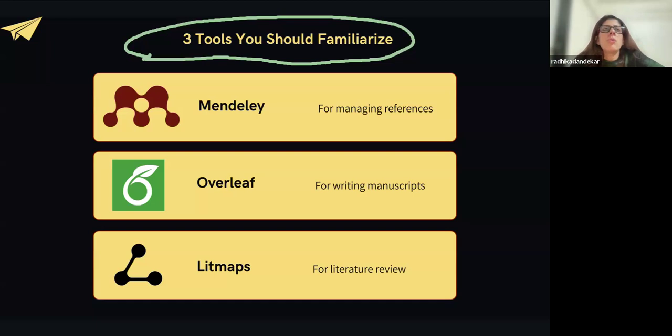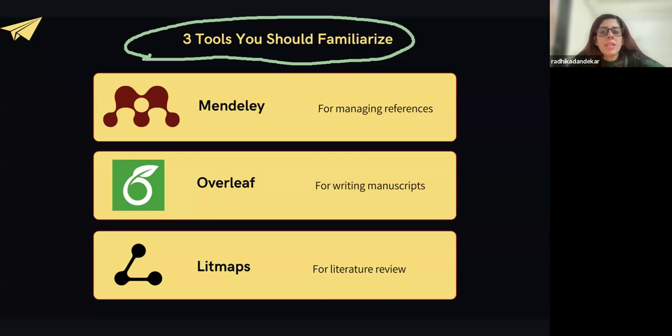You can create a library of the literature study that you've done in Mendeley, and we'll of course be sharing the links of these softwares in the YouTube recording of this video. You can then go along and check it. Mendeley is particularly used for managing references, and it is a software version of the Excel sheet that I just showed you.